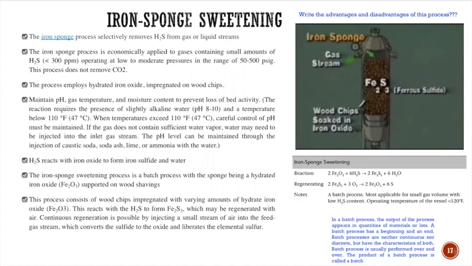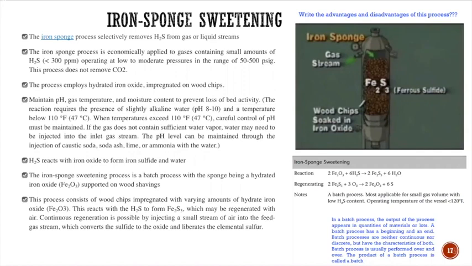If the quantity of H2S is less than 300 ppm, then only this process is suggested. The pressure is also low to moderate, from 50 to 500, and this process is not capable of removing CO2 at all. So this process is only useful for removing H2S present in a small amount, less than 300 ppm.